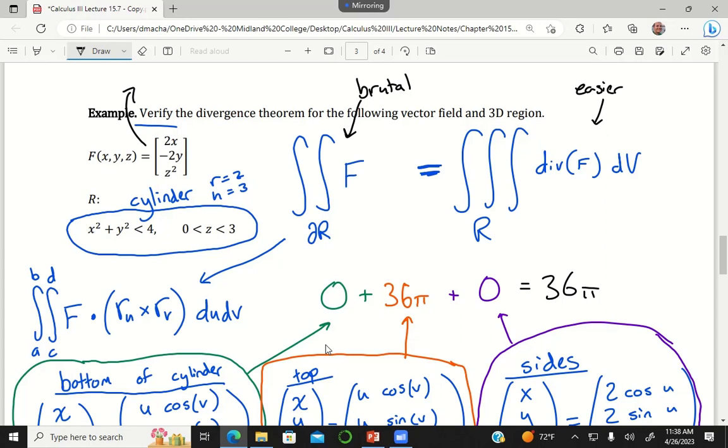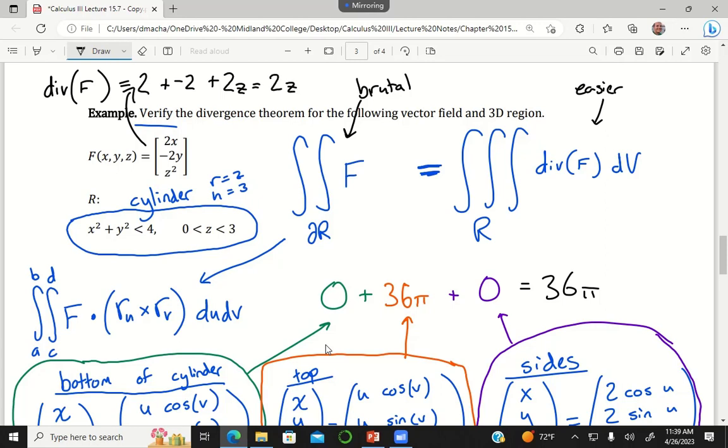So the partial of 2x with respect to x is going to be 2. The partial of negative 2y with respect to y is going to be negative 2. And then the partial of z squared with respect to z is going to be 2z. And so the divergence of f is equal to 2z.